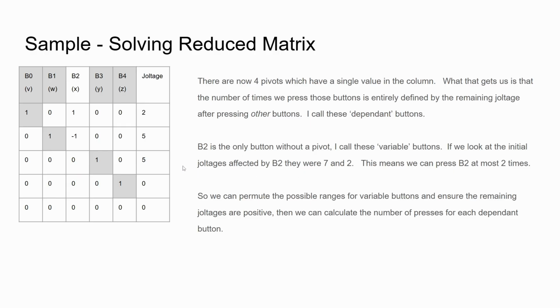So if we look at the initial joltages that were affected by B2, they were 7 and 2, and keep track of the maximum number of presses for that button, then is 2. Because if I press it 3 times, the joltage would overflow from the initial matrix I created. So we permute all the possible ranges for the variable buttons.